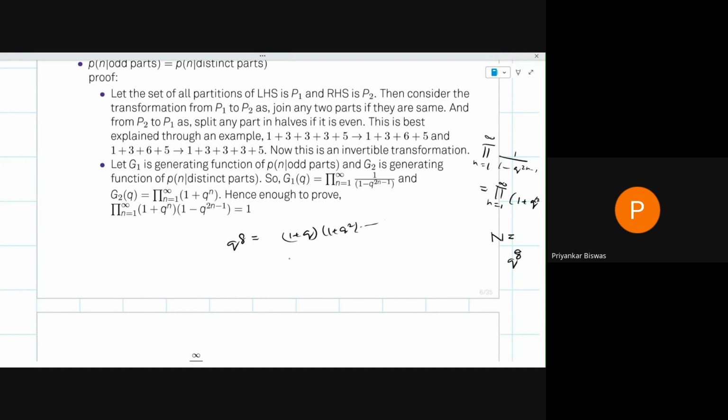So you can see that the coefficient of q power 8 is the number of ways you can represent 8 as a sum of these coefficients 1, 2, and so on. And here all the parts should be distinct. So the generating function's coefficient will be the partition of n given distinct parts. Is it okay?